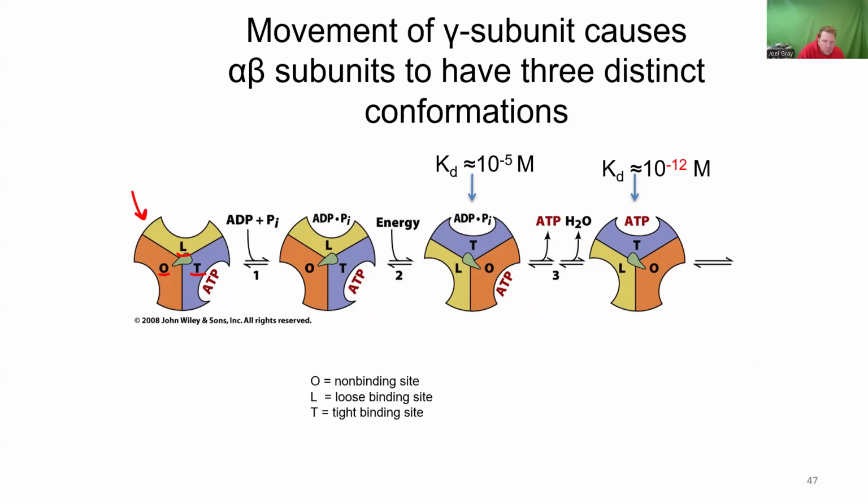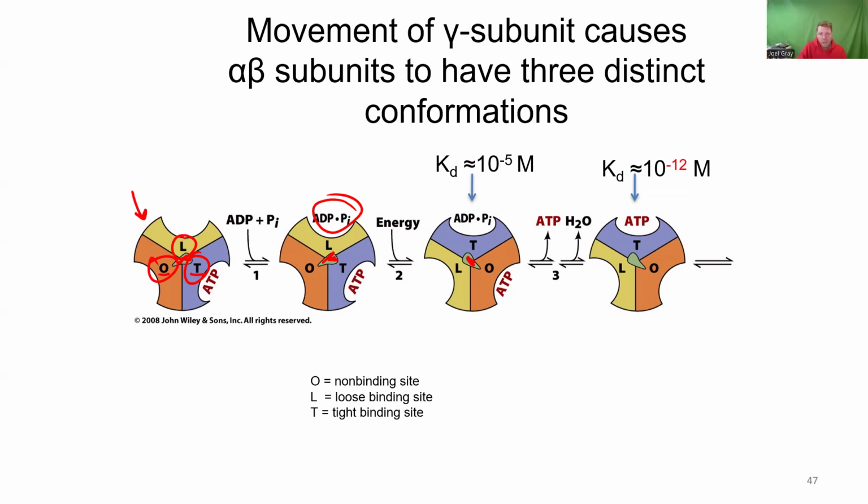Then this structure right in the middle, which looks like a nose or a Hershey kiss, is going to rotate. That rotation changes the conformation of these binding sites, and that causes ADP and inorganic phosphate, within the mitochondrial matrix, to make ATP.